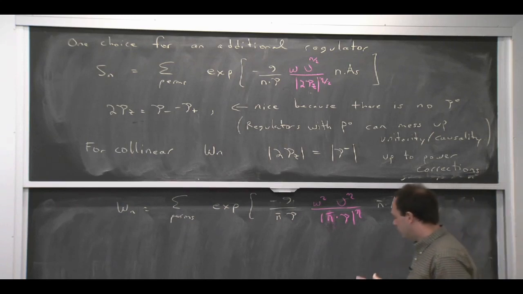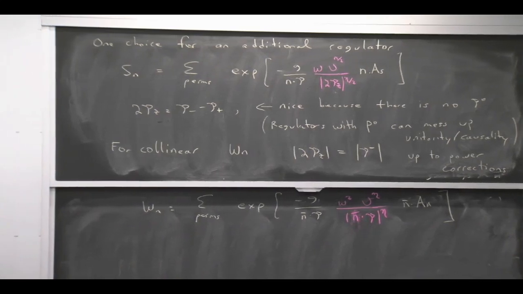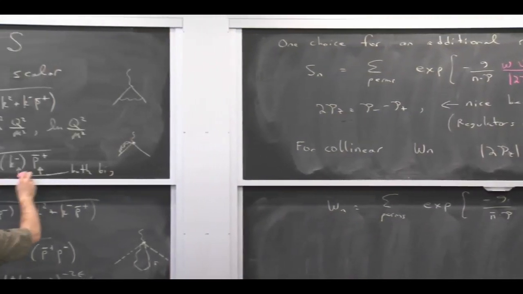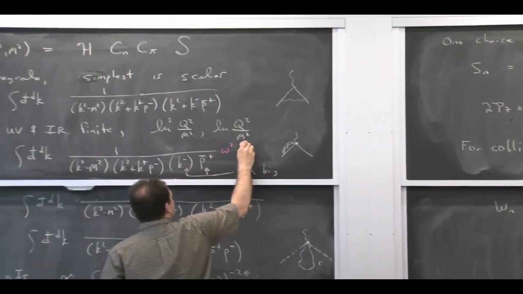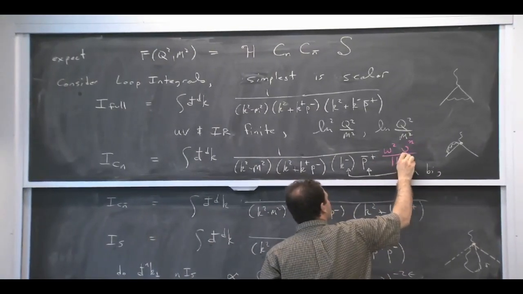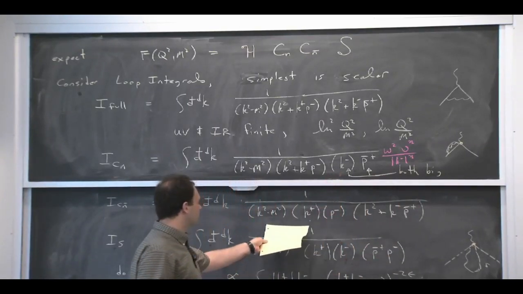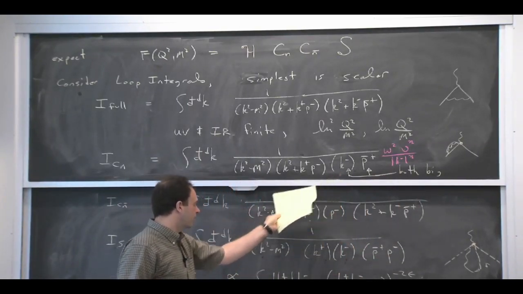Okay, so if we were to do that and go back over here and put the regulators into these integrals, what would happen? Here we get an extra factor, k minus to the eta, and so that would regulate this k minus. These integrals will also have poles from the 1 over k minus.